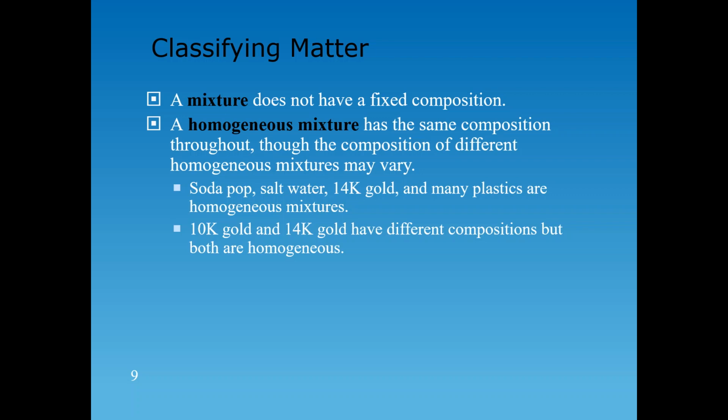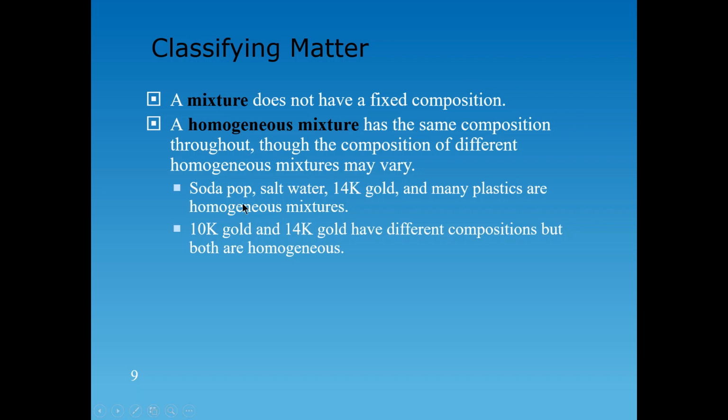And there are two types of mixtures. You have what are known as homogeneous mixtures, where the composition of the mixture is the same throughout, all right? And some examples of homogeneous mixtures are shown here. Soda pop, which is basically, for the most part, carbon dioxide dissolved in water, which may also include some flavorings and so on for taste.